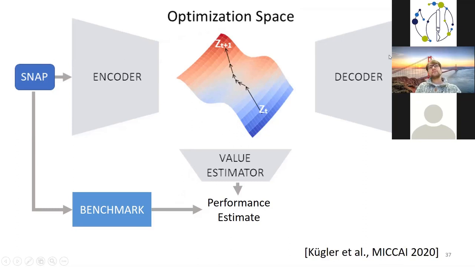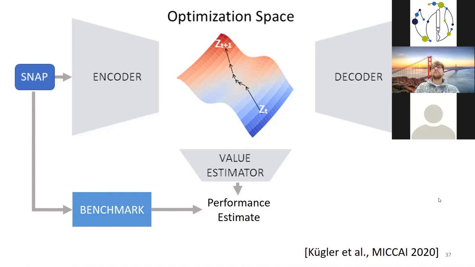If this network is trained in the way we've just shown, we can, in this optimization space in between, use gradient descent on Z values and get better values. We're using the performance estimate as the height here, and the X and Y directions of the mesh are two directions of the Z vector, basically.